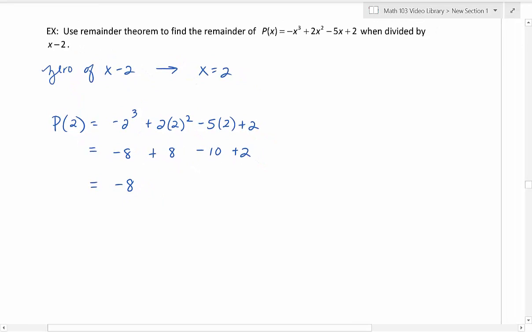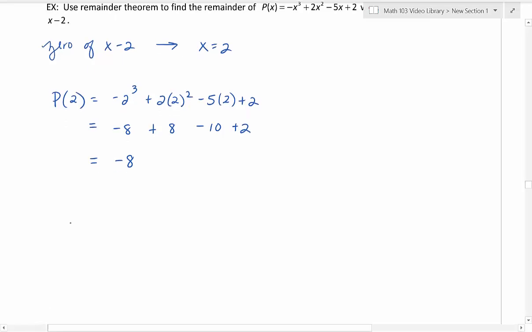I want to do the synthetic division just to show you that if we actually did the division, we would get the same remainder. I put my 2 on the outside, my coefficients underneath.